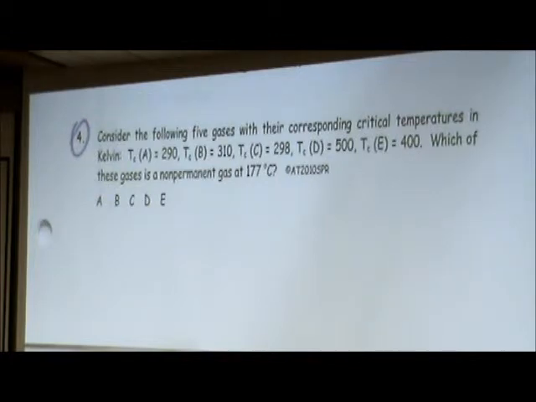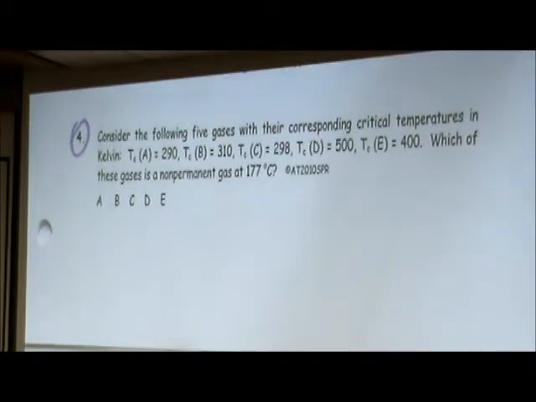But to do these comparisons, the critical temperatures and the temperature of interest have to be in the same units. So in order not to be confused and make a mistake, perhaps here it works, but sometimes it might not work correctly. You have to have the same units, right? So you have to convert the 177 degrees Celsius into Kelvin.